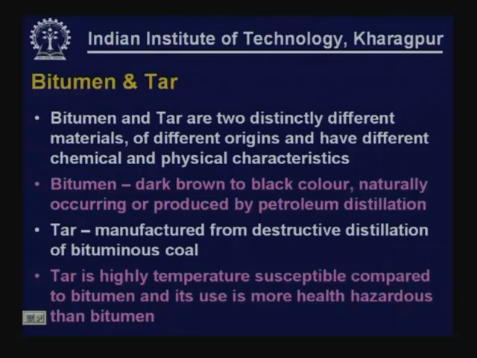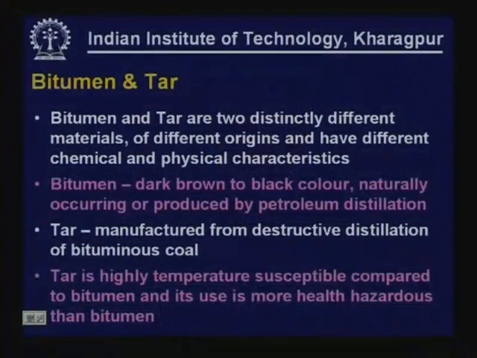At times, for specific purposes, we do not want the binder properties to be changing so significantly. We know the properties of bitumen and tar are going to be different at different temperatures, but we do not want these materials to be undergoing quite drastic changes with variation in temperature.